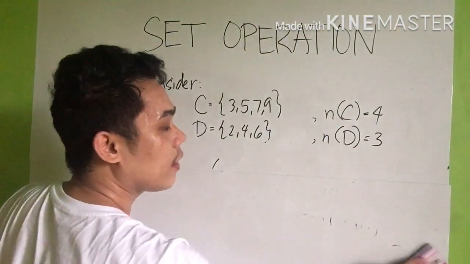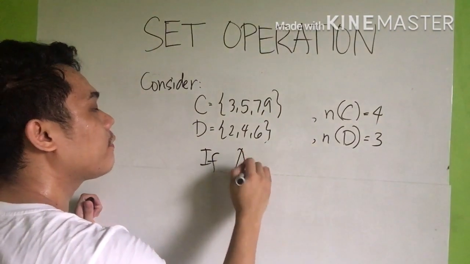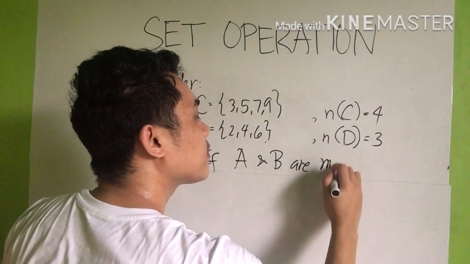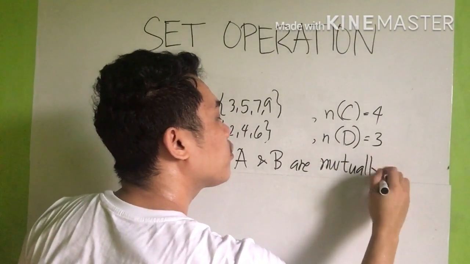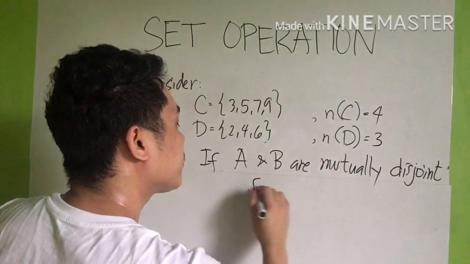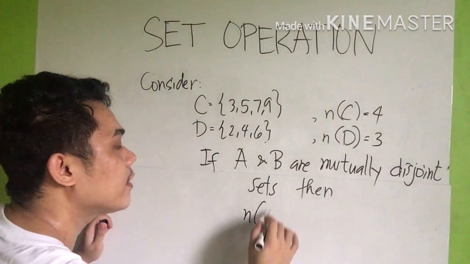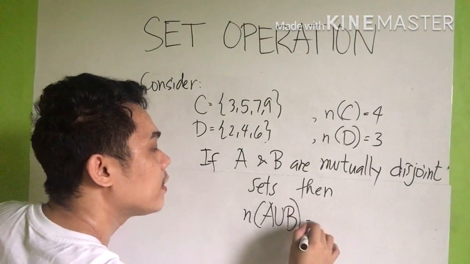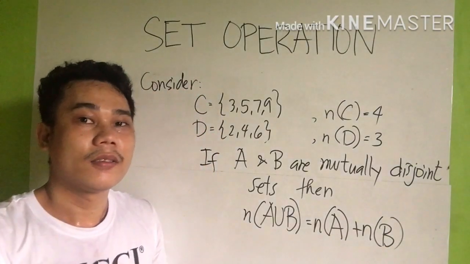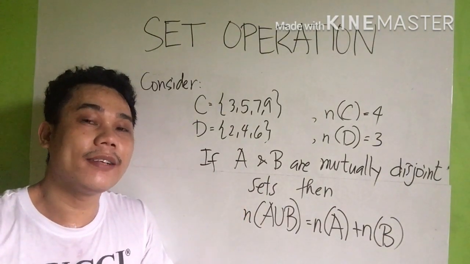In mathematical terms, in general, if A and B are mutually disjoint sets, then the cardinality of A union B is just the cardinality of A plus the cardinality of B. So we just add when A and B are mutually disjoint, or their intersection is empty.